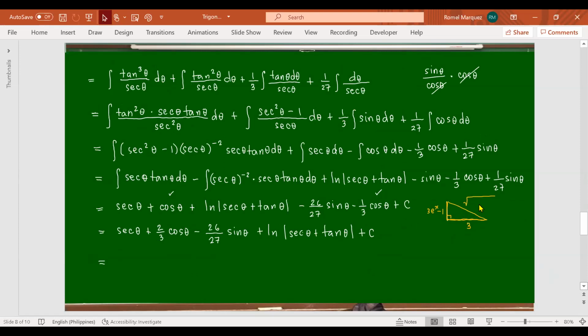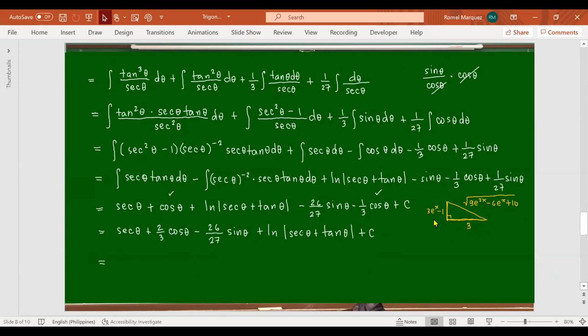Add. Actually, it will give us 9 e to the 2x minus 6 e to the x, then minus 3 here, then plus 9. Ilan lahat yun? Pag in-square ko to, 9 plus negative 1 plus 10.